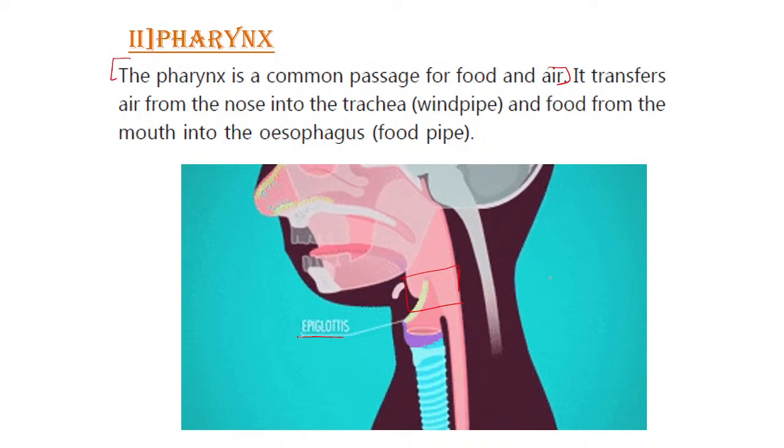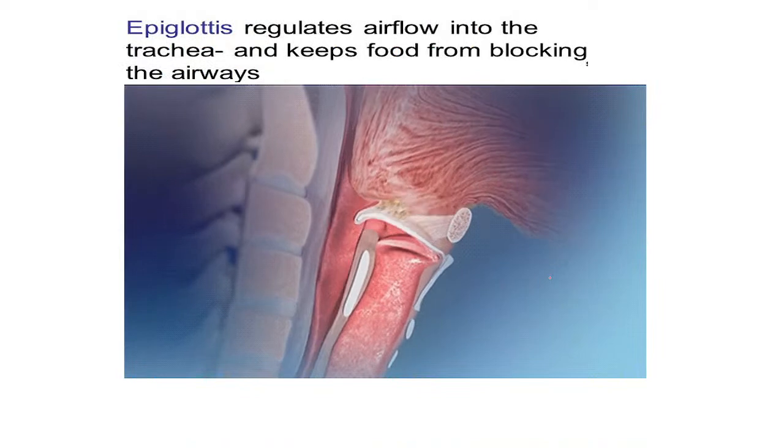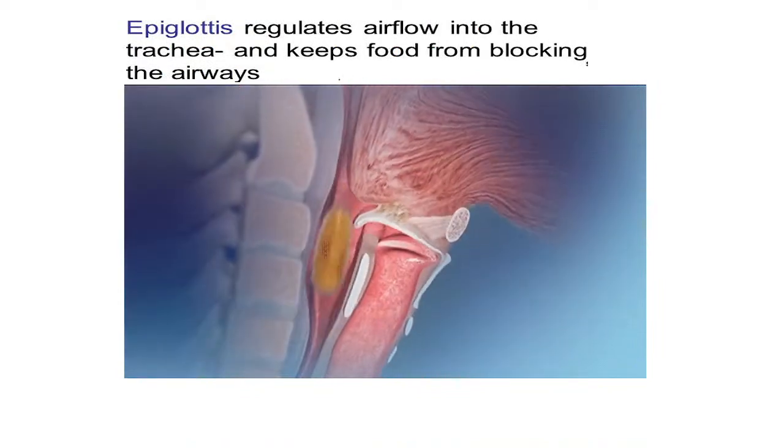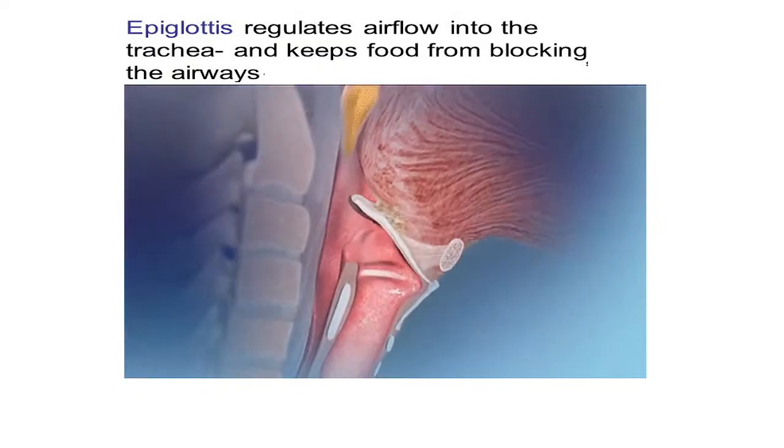So when it opens, the mouth of the windpipe is open, so the air will move into the windpipe. When it closes, the food will enter into the food pipe, that is into the esophagus. So the epiglottis regulates the airflow into the trachea and keeps the food from blocking the airway.